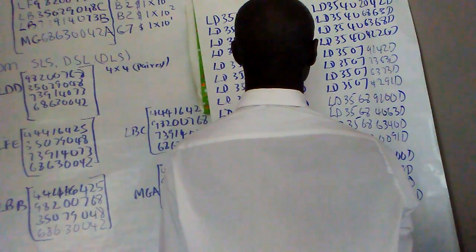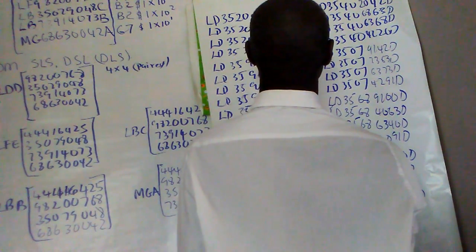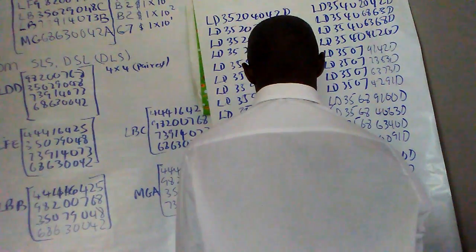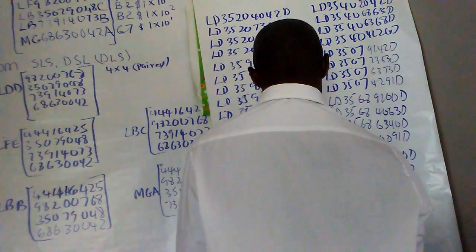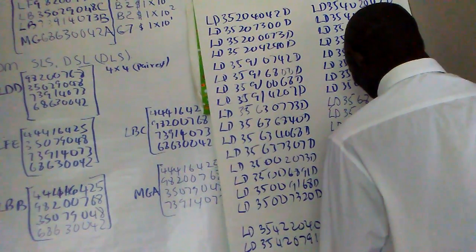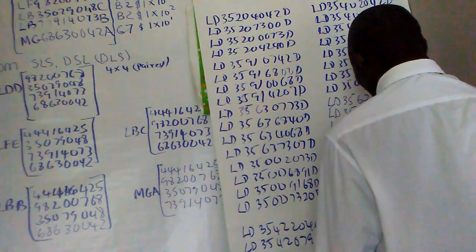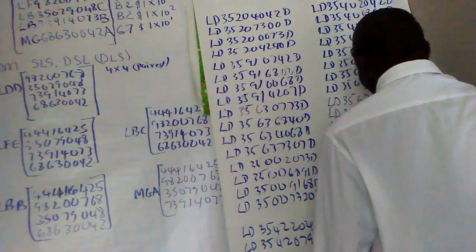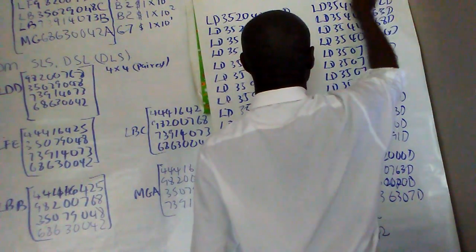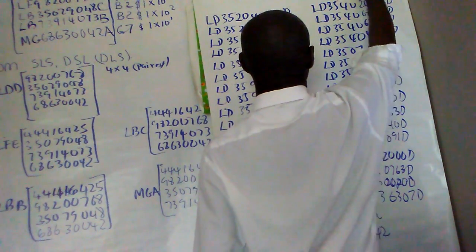We're left with now 2040. 0791. So LD 35 42, 35 42, 35 42. We're left with 2040 and 7691.